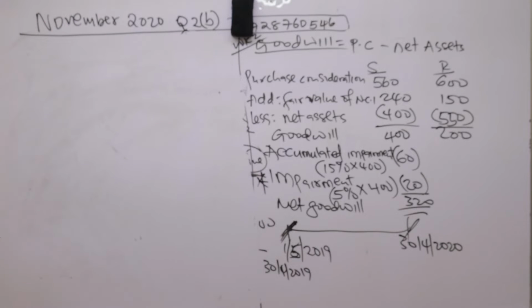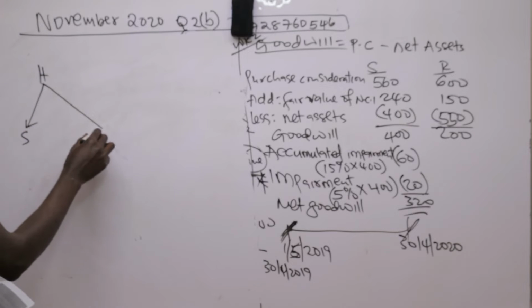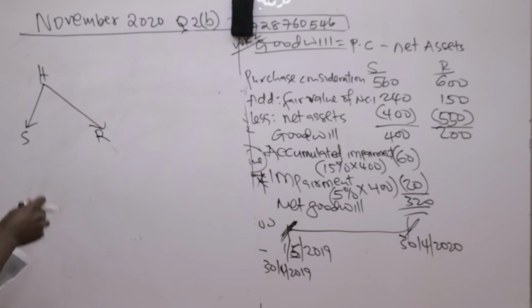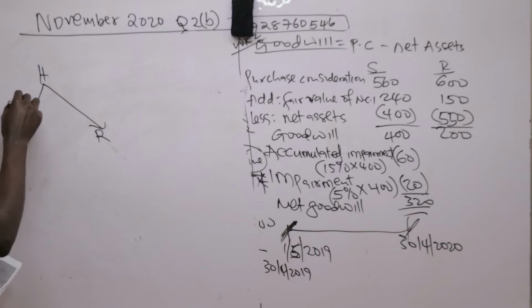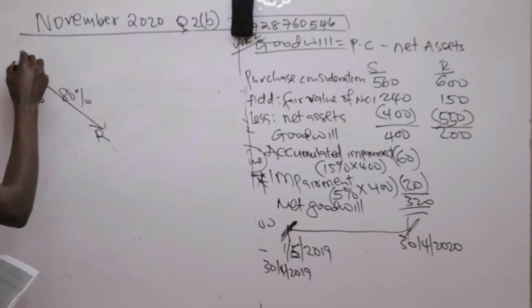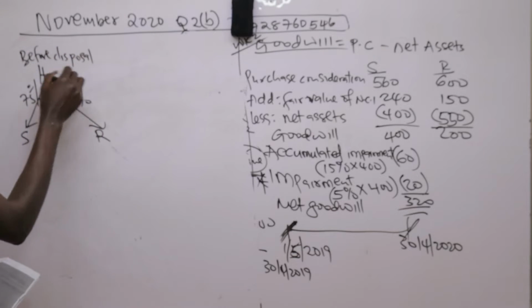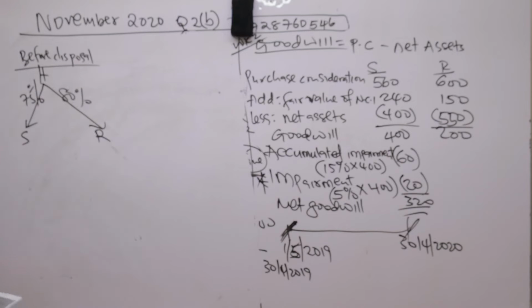Remember that we know this. H had acquired which company and which company? S and R. So these companies were there for a number of years. So this one was acquired 75%. This one was acquired 80%. So this is before disposal, before anything happened, before the disposal took place.